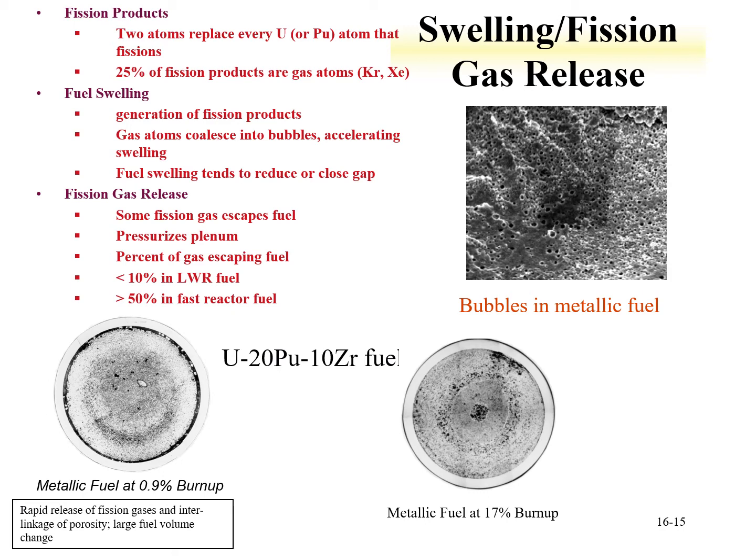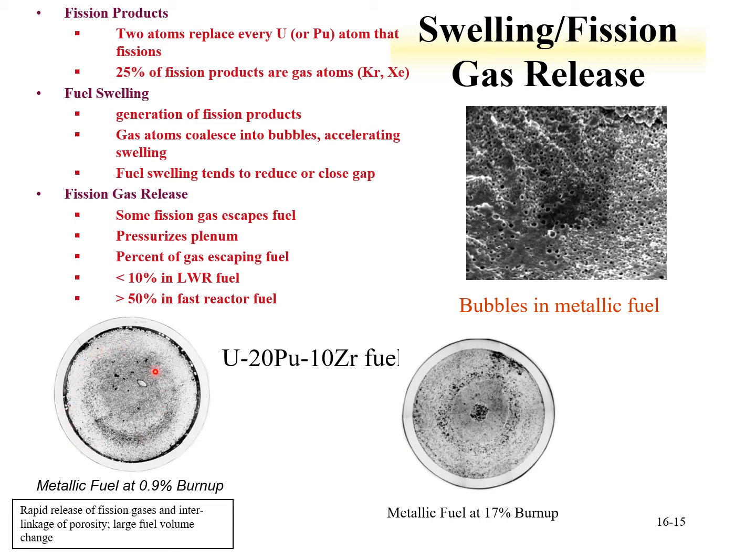As we mentioned in the previous slide, the fission gas can release. This can reduce some of the pressure in the fuel, but it pressurizes the plenum, or the area above the fuel, in the cladding. And here's an example of some uranium, plutonium, zirconium fuel at different burnups.